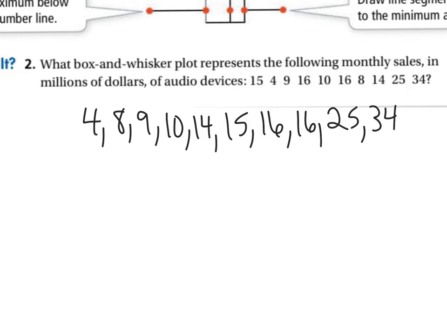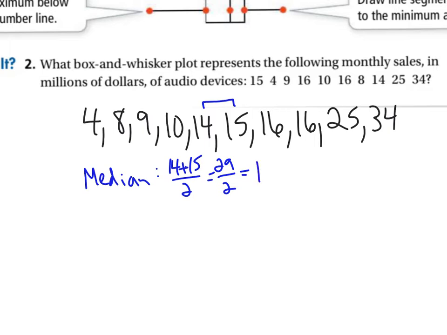If you look at this, we have a total of 10 numbers. 10 numbers means we're going to have 2 middle numbers. So actually the 14 and 15 are our 2 middle numbers. To find your median, you can either add those together and divide by 2, or you can just think about what's halfway in between 14 and 15.